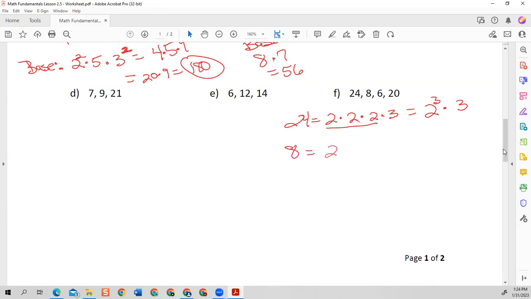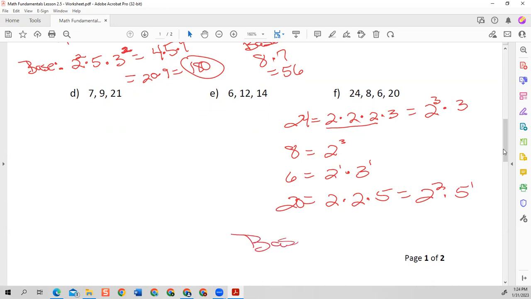So knowing all that, I'm just going to write 8 is 2 cubed. We know that 6 is 2 to the first times 3 to the first. And 20 is going to be 2 times 10, which is 2 times 2 times 5. That can be written as 2 squared times 5 to the first.